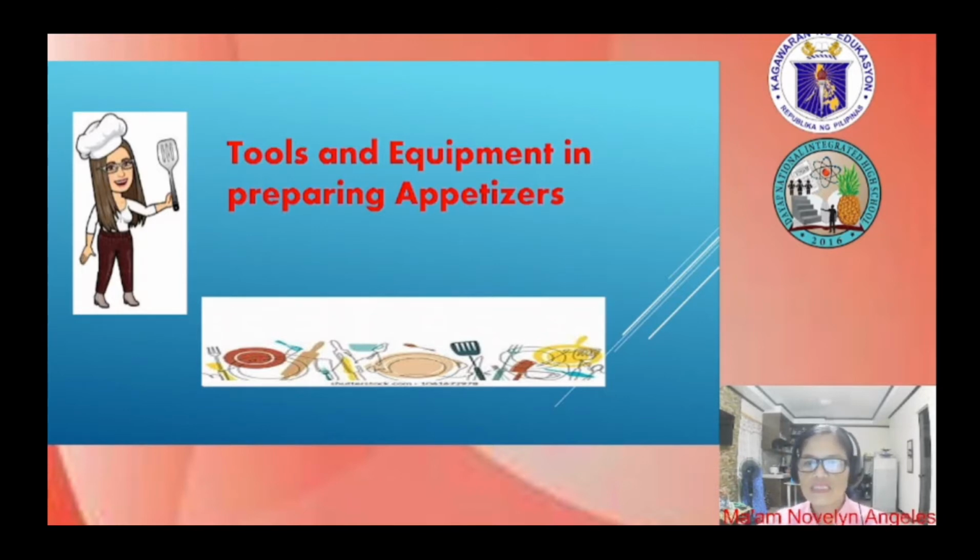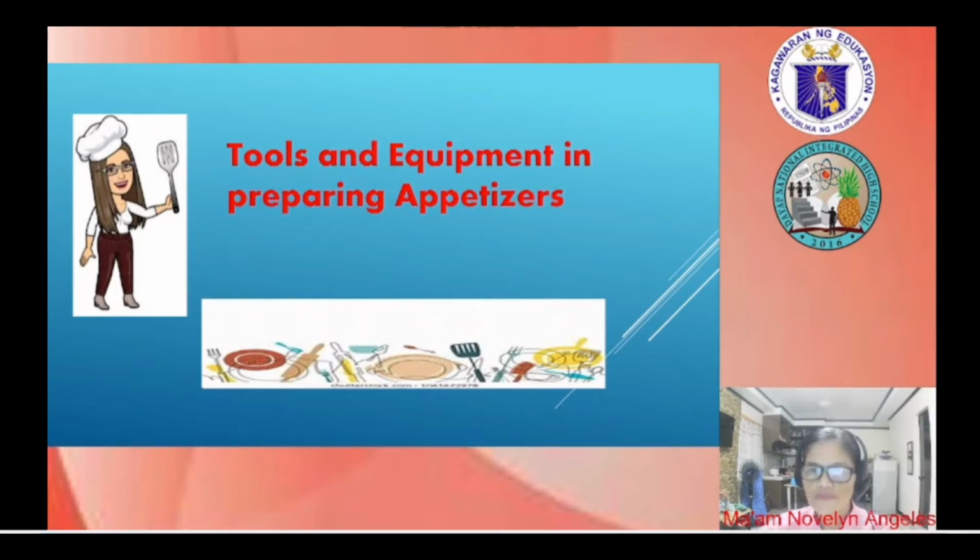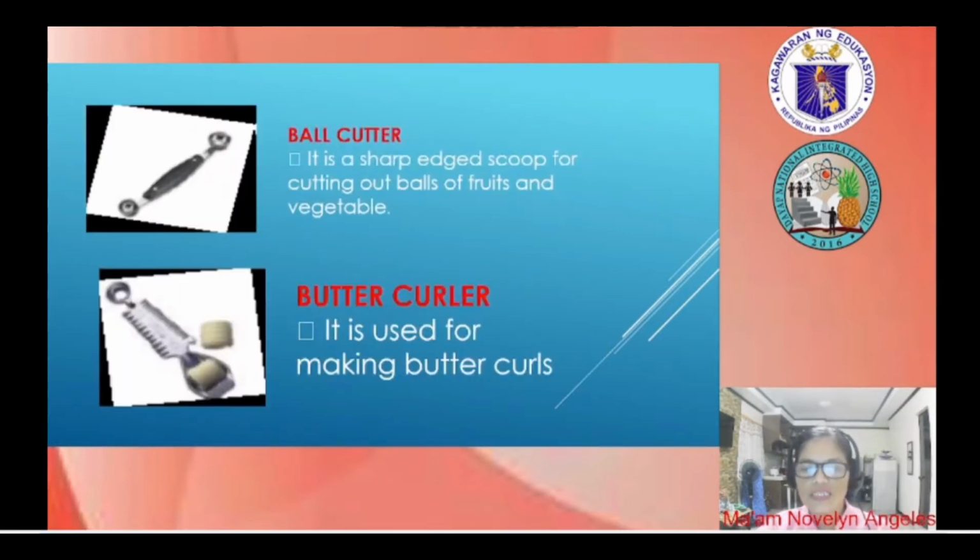And these are the following tools and equipment in preparing appetizers. The first part is about the kitchen tools. Under the kitchen tools is a bowl cutter. What is a bowl cutter? Okay, bowl cutter, it is a sharp-edged scoop for cutting out balls of fruits and vegetables.